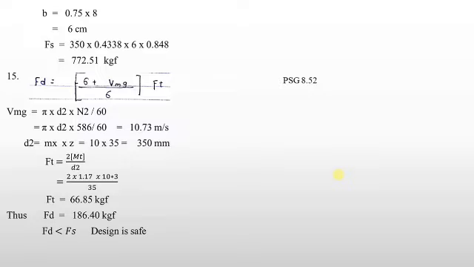Put in the equation of PSG 8.52, 6 plus Vm upon 6 into Ft, and we got dynamic load is 186.40 kgf. Now the dynamic load is less than beam strength, so our design is safe in dynamic loading.